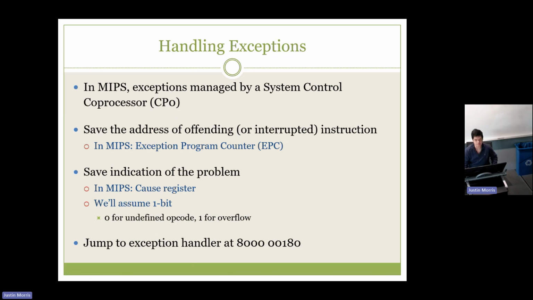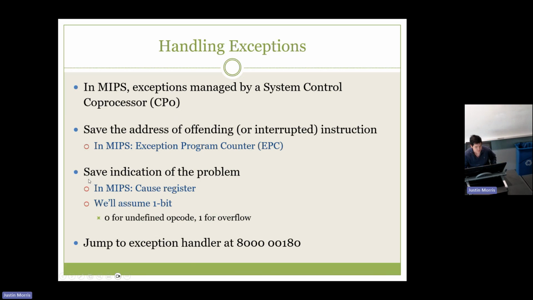So if this is maybe a load word trying to access data beyond its memory, then that load word instruction would not finish executing, and we would save its program counter so that we can resume if the handler of the exception or interrupt decides that the program can restart and the error was fixed.